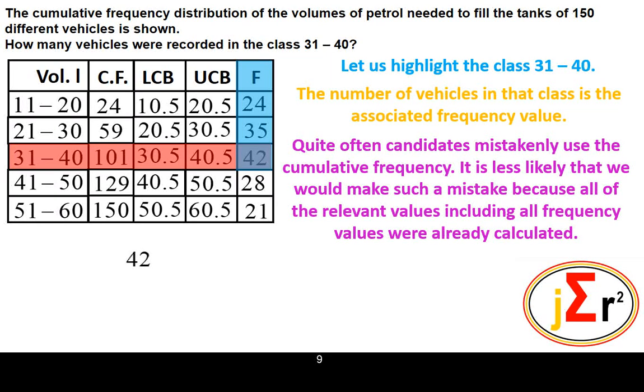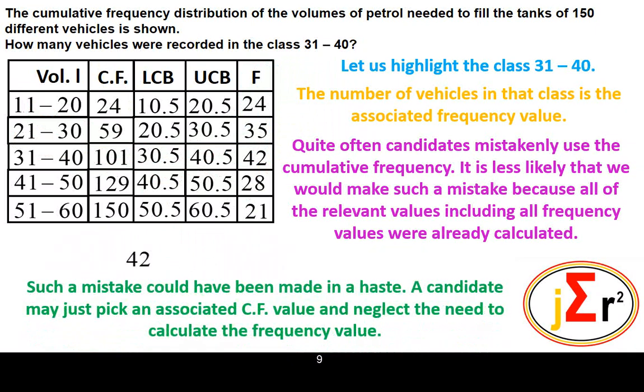Some might make the same mistake even if the frequency values were given. But if the frequency values were not initially given, it is more likely that students will make a mistake and use the associated cumulative frequency value. Now that we have all of the frequency values calculated, it reduces the likelihood of that mistake.